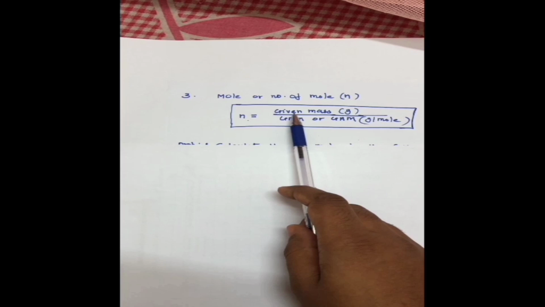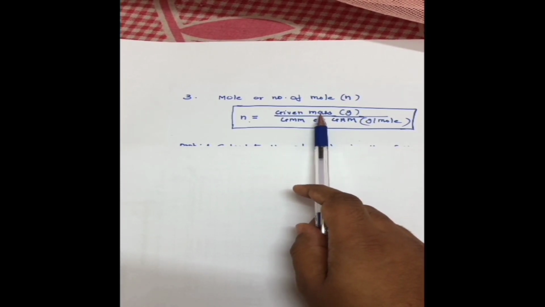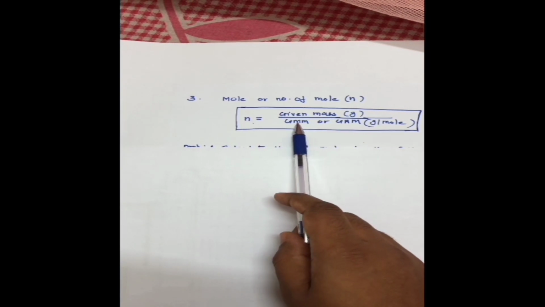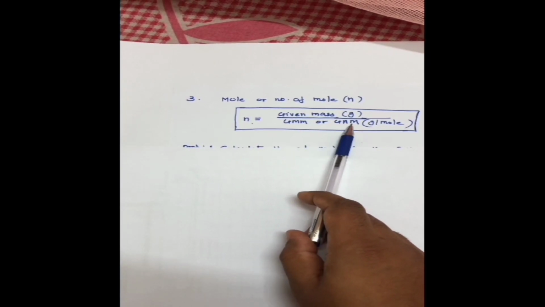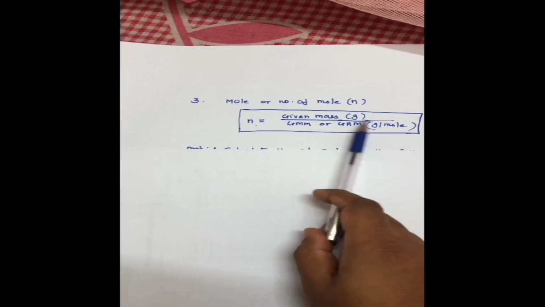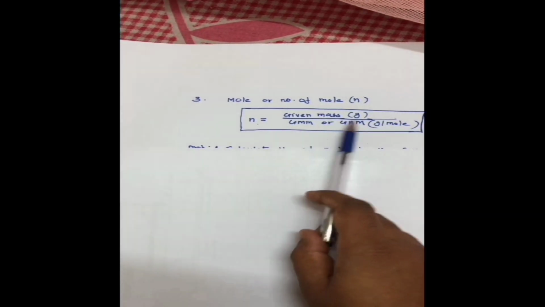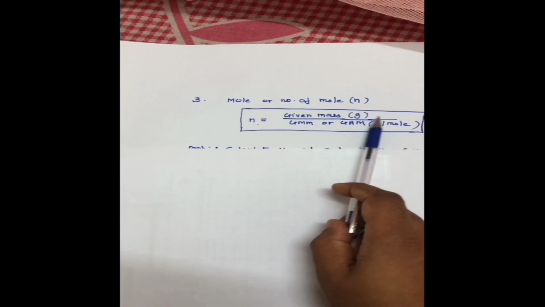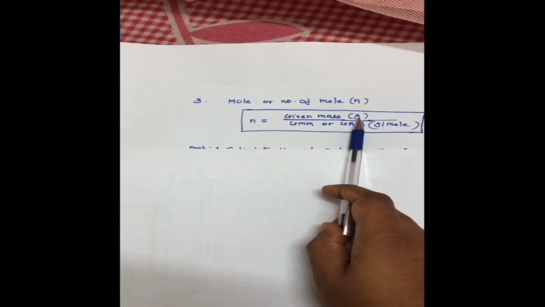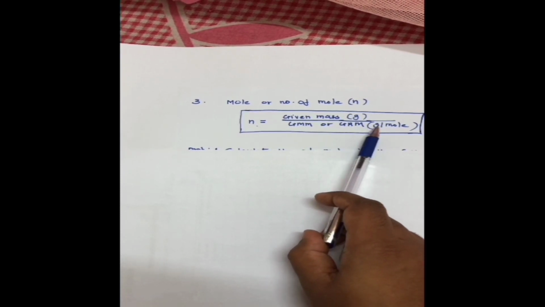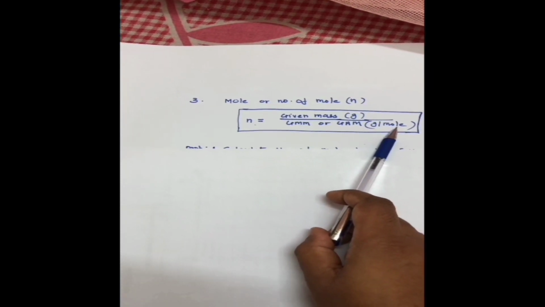Remember, dear students, given mass is what will be given to you in the problem and question, and gram molecular mass and gram atomic mass, you know how to calculate. And one more thing is very important: given mass you always have to take in gram, and gram molecular mass or gram atomic mass is already in gram per mole.